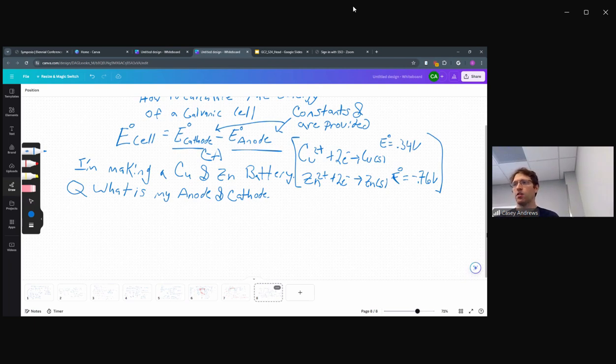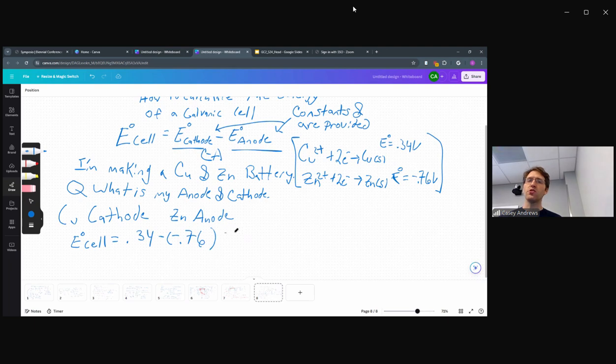All right. So let's say you made a guess. Let's say you said, oh, I think my copper is my cathode. Let's say you guess, okay, that would mean zinc is my anode. So let's do that calculation. E cell is equal to the energy of my cathode, 0.34, minus the energy of my anode, negative 0.76.